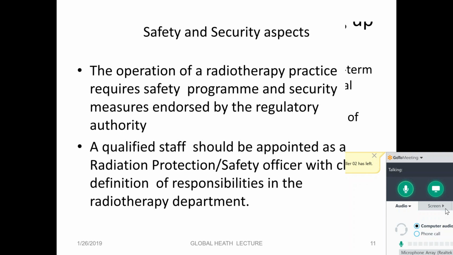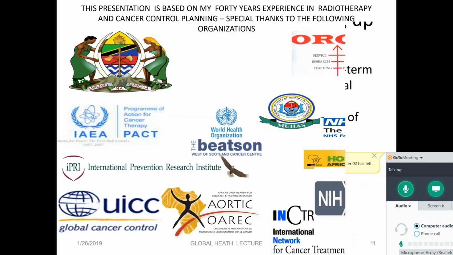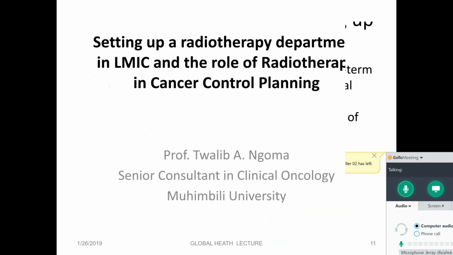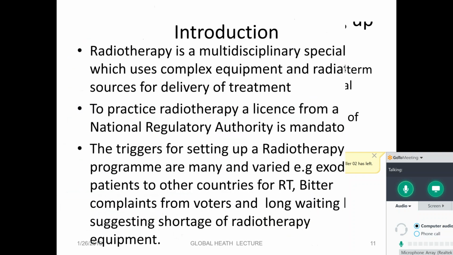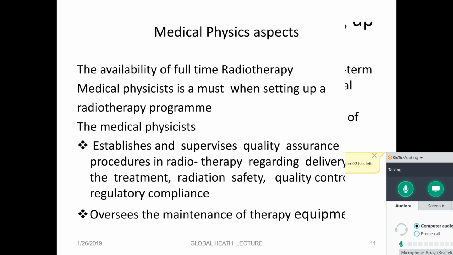Okay, in that case, let me go all the way back. This is still the same slide. Okay, this is 1, 2. Yes. Go back one more.